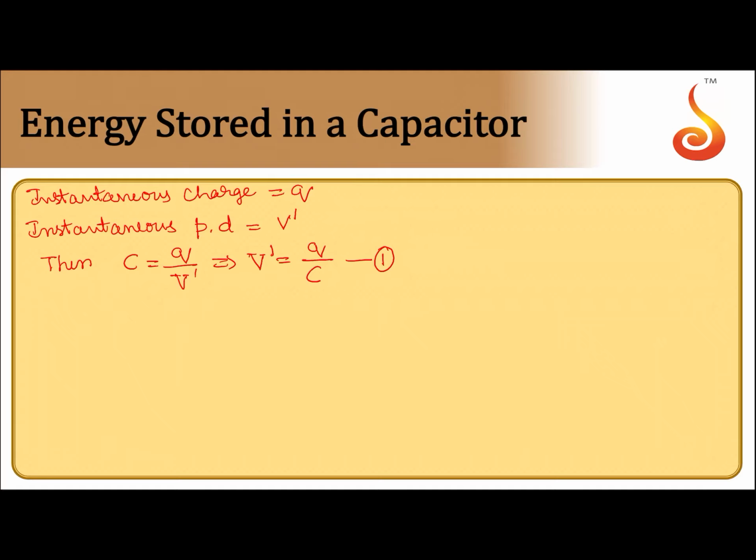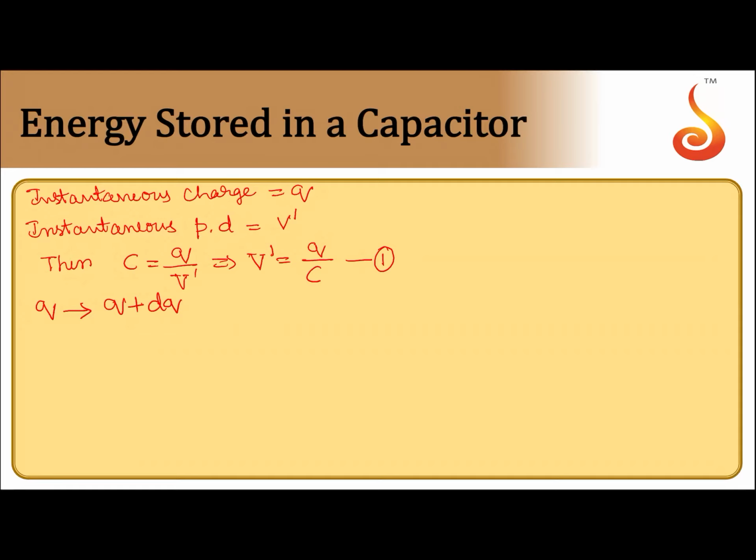Now let us say the charge on the capacitor is changed from Q to Q plus dQ. So an additional charge of dQ is being added to the plates. That means you are removing a positive dQ from the negative plate and transferring it to the positive plate. So the charges will become Q plus dQ and minus of Q plus dQ on the respective plates.